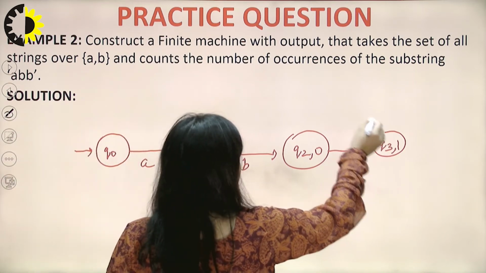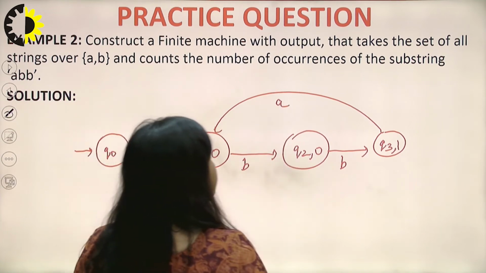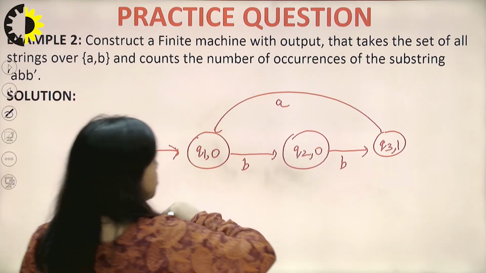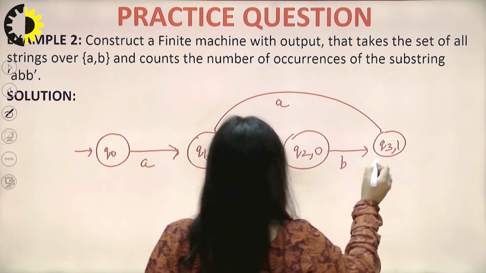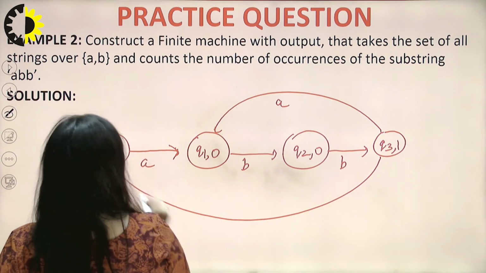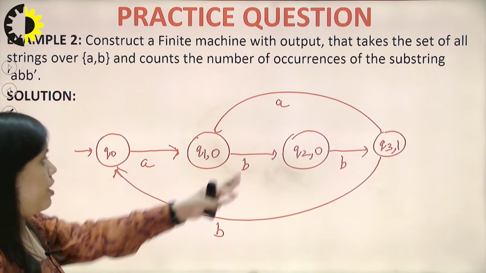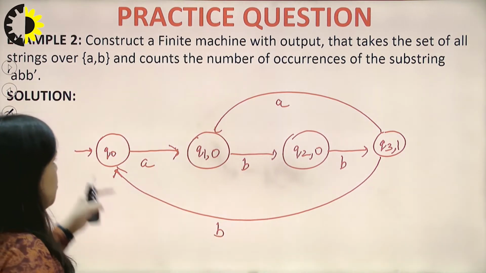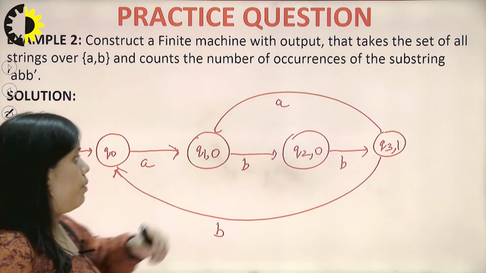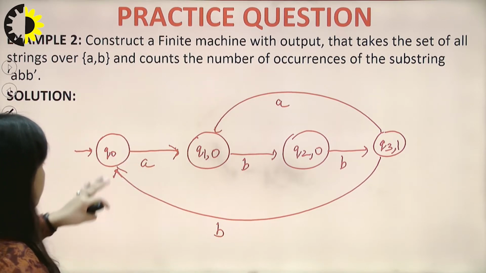So we give A to this, and B further. Okay, so we are getting A, B, B and then again B, A, B, B. Again we'll have to give B to this state.